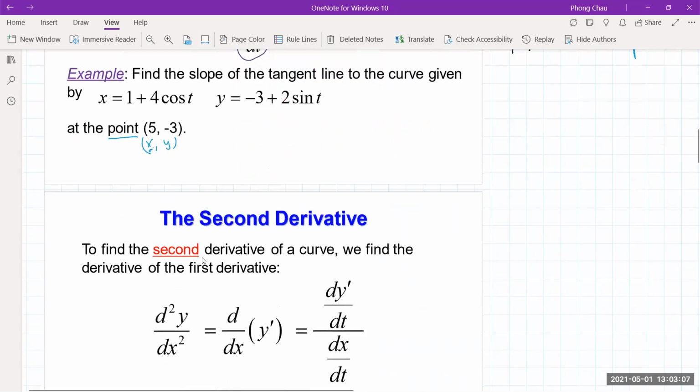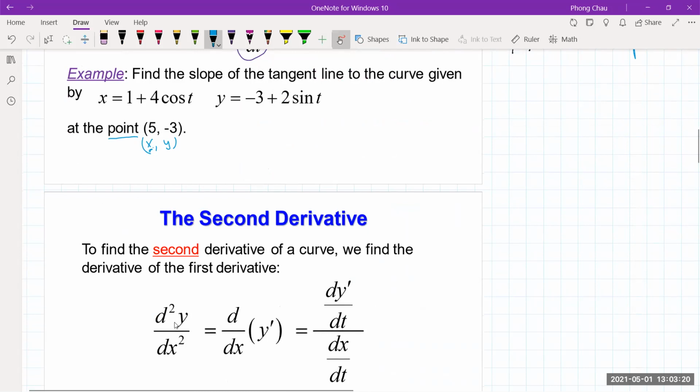Here's the reason. To find the second derivative of a curve, we find the derivative of the first derivative. By definition, this is the second derivative notation, the second derivative of y with respect to x. That is the derivative of y prime, the first derivative, with respect to x.